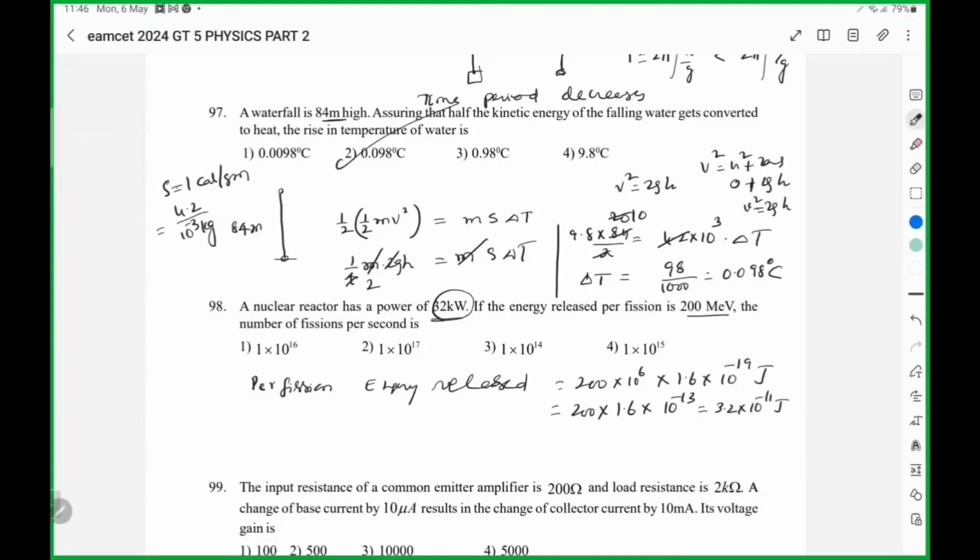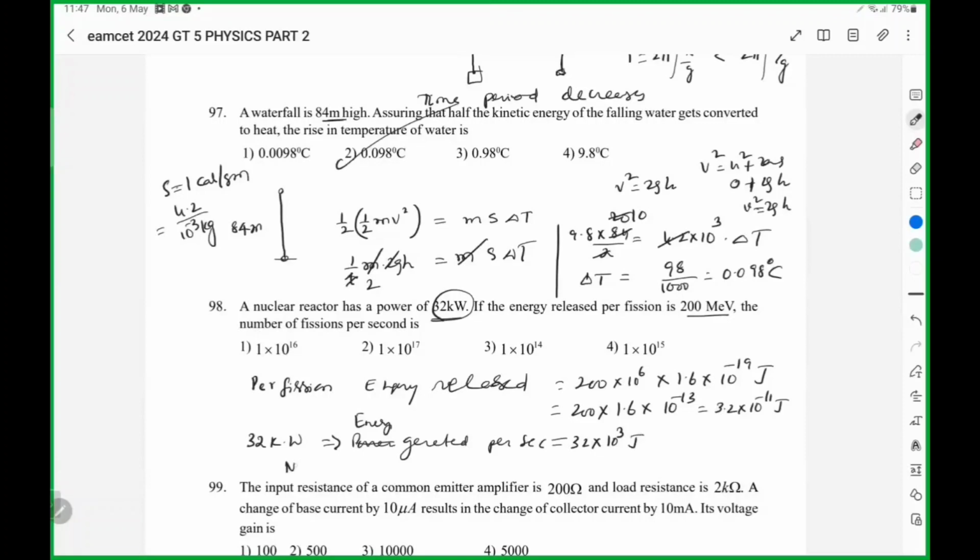So the total power generated is 32 kilowatt, which is the power generated per second. The energy generated in 1 second is 32 into 10 cube joules.